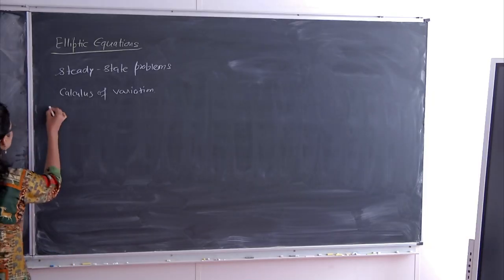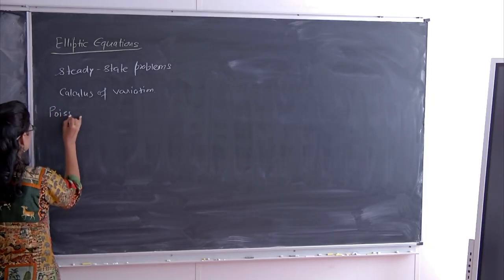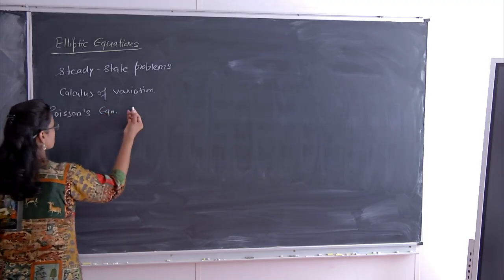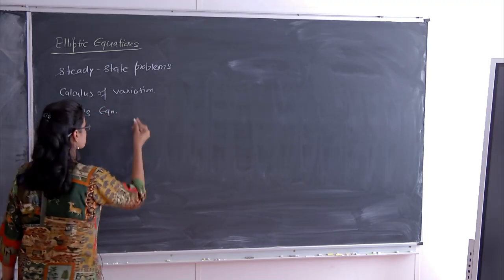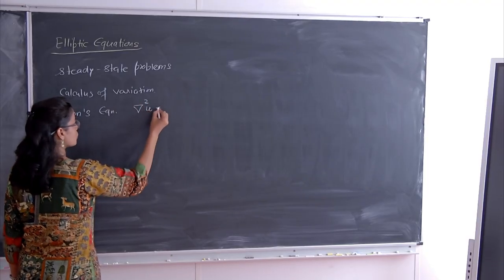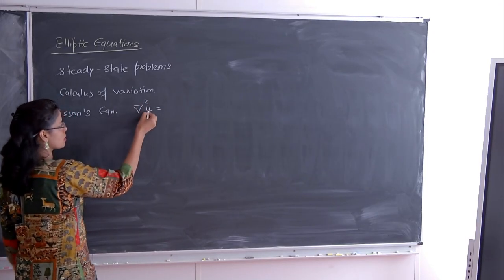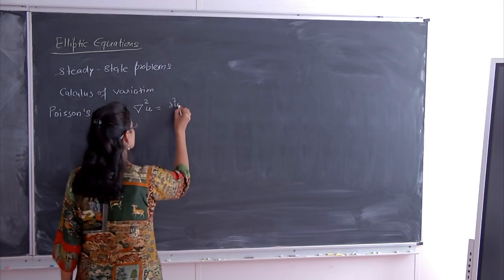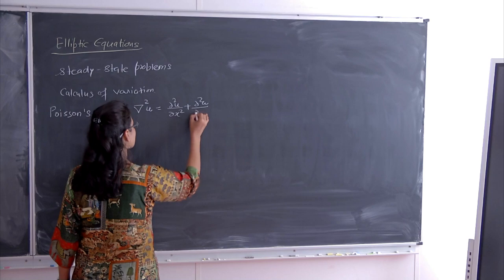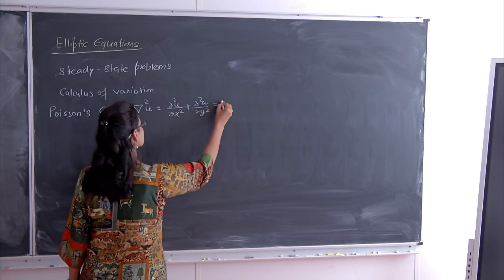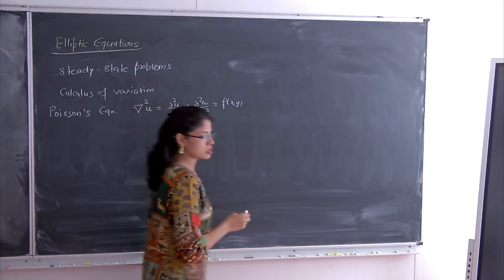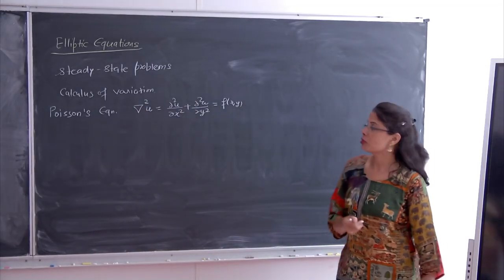What are the main elliptic equations? One is the Poisson equation, which I introduced in yesterday's class: the Laplacian operator on u, that is del 2u by del x2 plus del 2u by del y2, equal to some function of x, y. This is the most popular form of the elliptic equation.